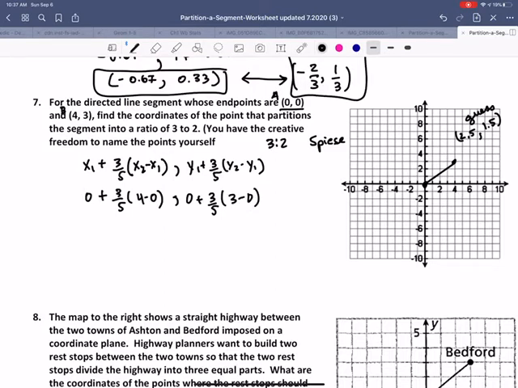Okay, so 0 plus 3/5 times 4, 0 plus 3/5 times 3. All right, so this is 12/5, and this is 9/5.